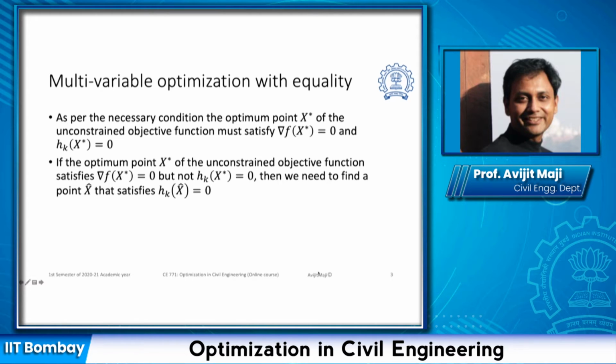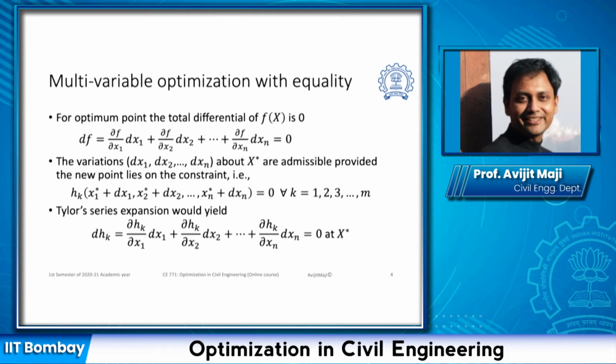Now if we find that the optimum point of the unconstrained objective function satisfies the first order derivative of the objective function but not the constraint, then we need to find the point that satisfies the constraint, which in this case, for the equality constraint, means it should be equal to 0, and this point we are calling x cap.